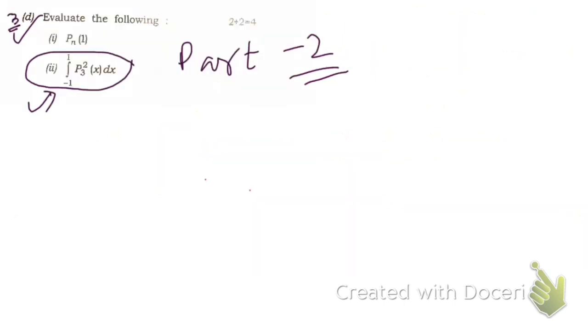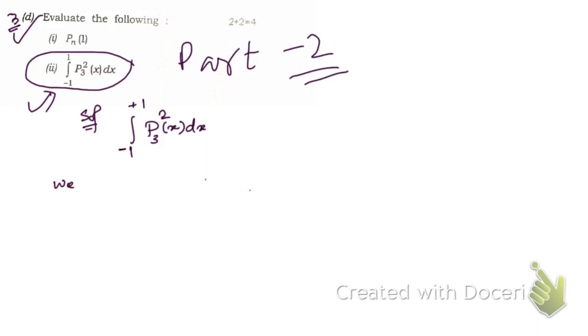In order to solve this, we're going to use this identity here. First let me write this: integral from -1 to +1 of P3 square x dx. Sorry, not cube, that was supposed to be square. Here we're going to use this.